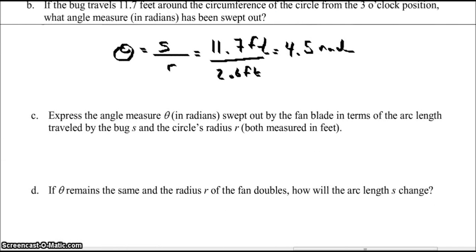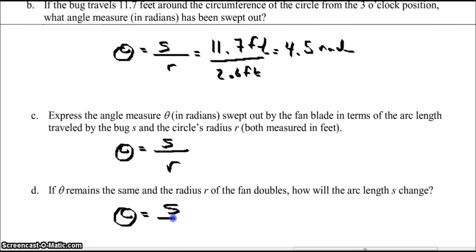Part C, express the angle measure theta in radians swept out by the fan blade in terms of the arc length traveled by the bug s and the circle's radius r. So we already see above that theta equals s over r. If theta remains the same and the radius of the fan doubles, how will the arc length change?